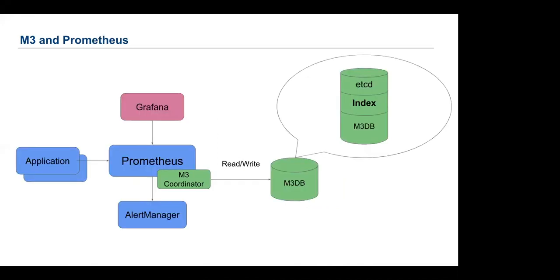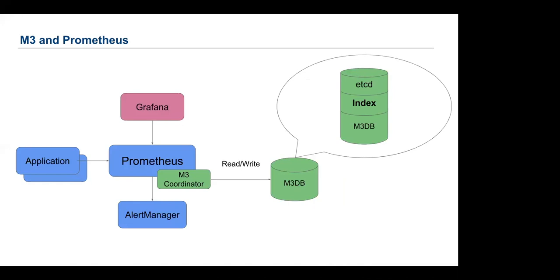Cool. So the approach we took was that you should still be able to use Prometheus because it's so simple, but expand it through M3. If you had a small company and started out with that single box Prometheus, and now you need longer retention, then you can use this M3 coordinator sidecar process.